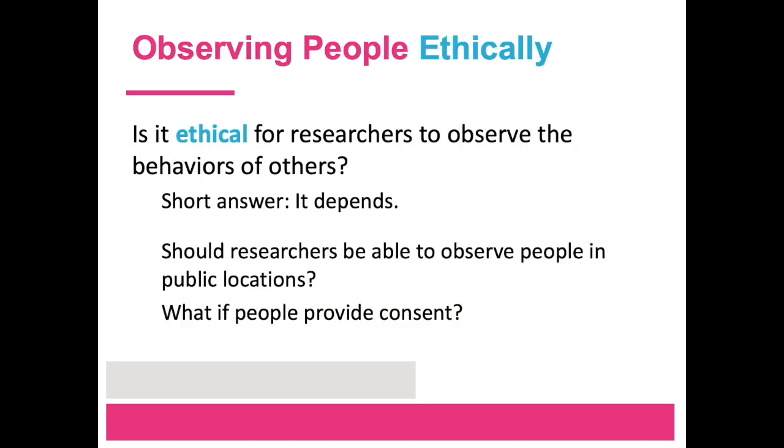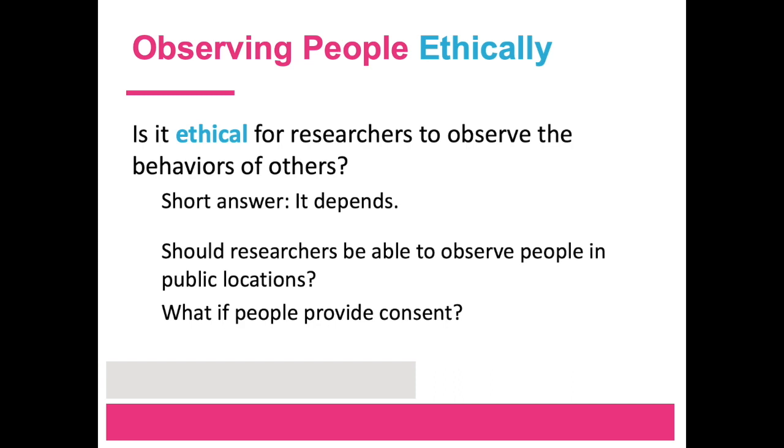So the last idea in this chapter is observing people ethically. I want you to think about this question. Is it ethical for researchers to observe the behaviors of others? So here I say it depends. Consider this, should researchers be able to observe people in public locations?